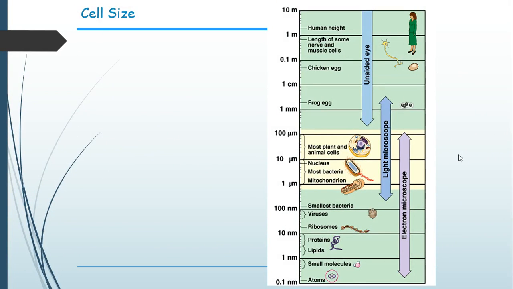So if you want to see a picture of it, I got one on the screen over here. As you can see, there's a whole bunch of different variations and sizes of all sorts of things. At the very bottom, you can see that atoms and small molecules, or even subatomic particles that are smaller than atoms, can exist. If you get bigger, you get into actual things that we can see with our eyes.